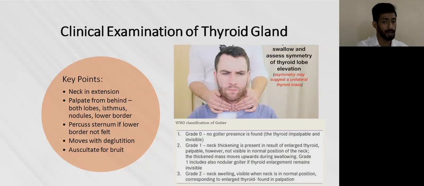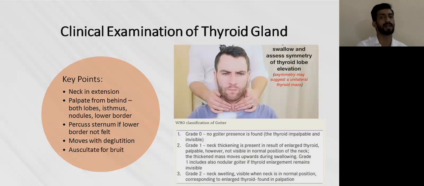And there are a few key points that we need to keep in mind while examining the thyroid. Important things being neck in extension. A neck in extension can actually make a non-visualized thyromegaly visualized. The second key point is to remember that we need to be always palpating from behind, and we are looking to make sure that we can feel both the lobes, isthmus, any nodules within, and very important, in the neck extension position, are you able to feel the lower border of the swelling?